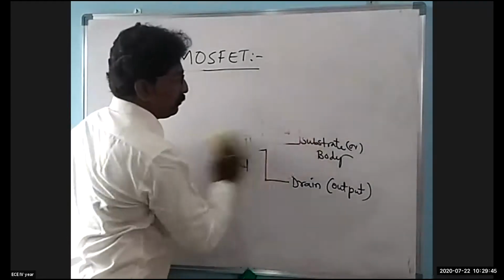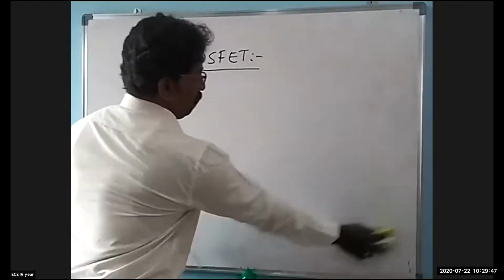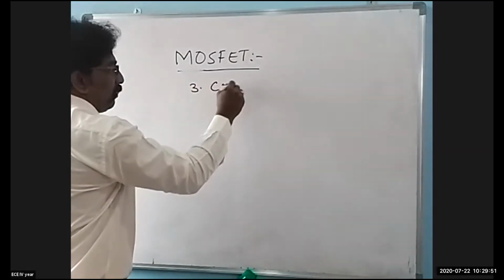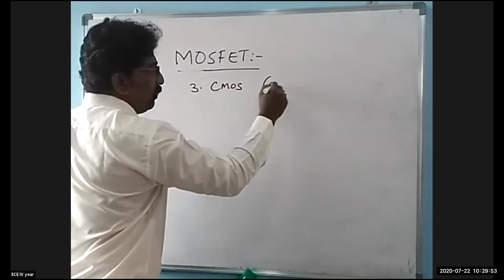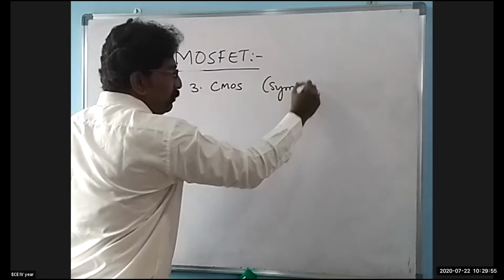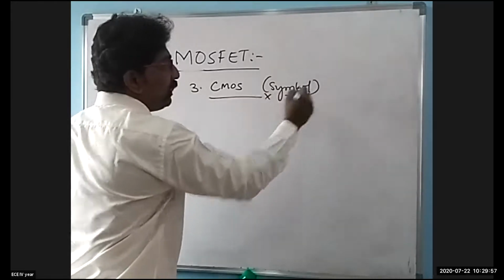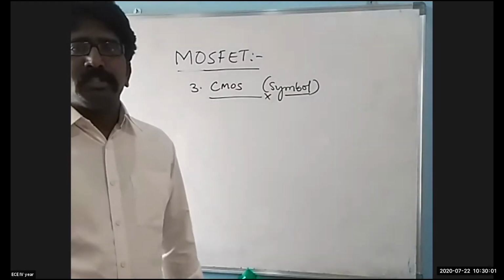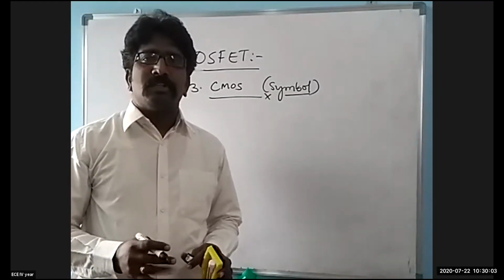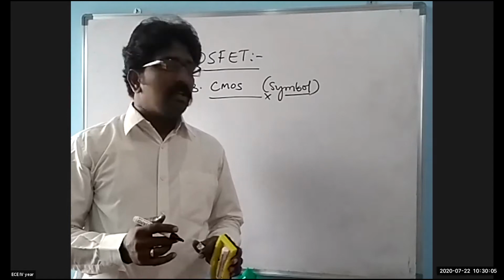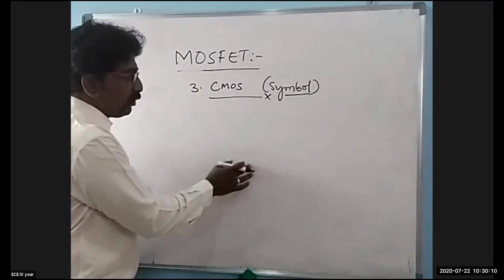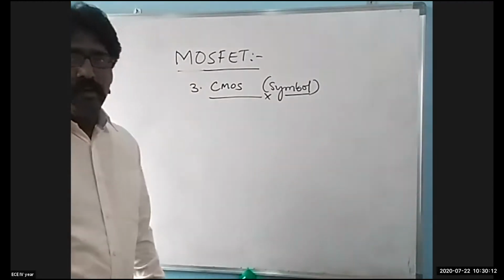That's the CMOS. CMOS symbol. As I told you, CMOS is a combination of pMOS and nMOS. So I'll connect the pMOS and nMOS one after the other, so that the entire structure of CMOS is obtained.